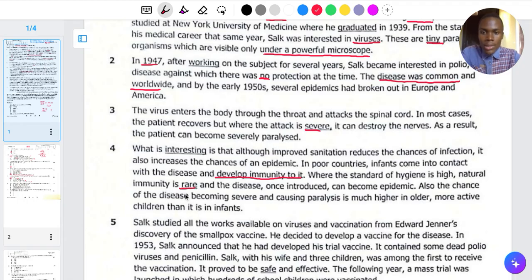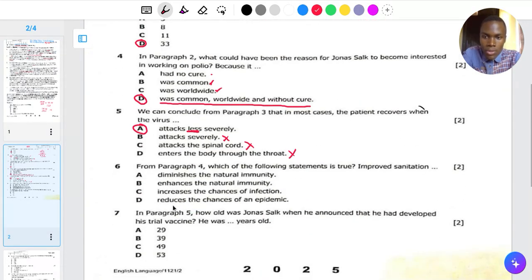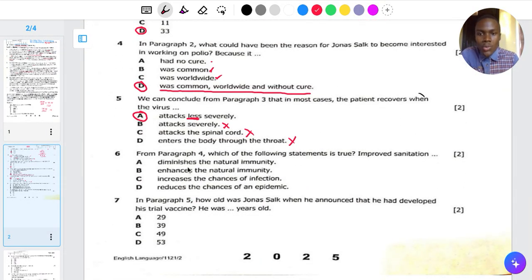Also, the disease once introduced can become an epidemic. The chance of the disease becoming severe and causing paralysis is much higher in older, more active children than it is in infants. So what are we getting from this statement? According to the points we have been given here, improved sanitation is going to diminish the natural immunity, which is okay.